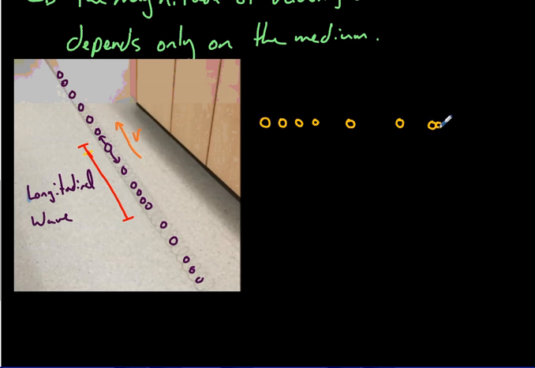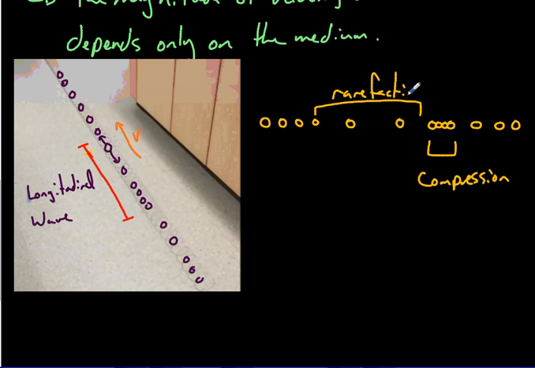It's a little tough to show, but that's the idea: there's a compression area and a rarefaction area. Then the wavelength is that combination. So there's your wavelength.